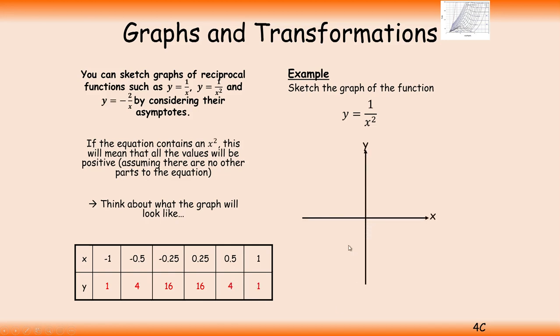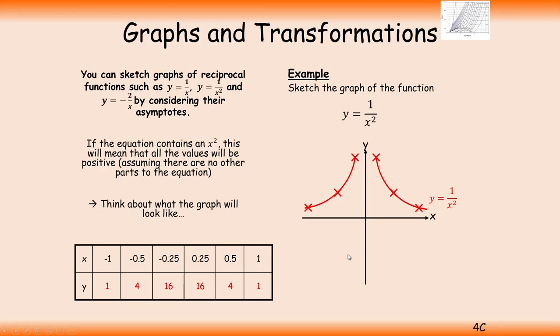So when we sketch this curve, none of the y values are negative, always positive. So it's going to look like this, and coming down on the other side. So asymptotically, it tends towards the y-axis, which is x equals 0, and here it tends towards the x-axis, which is y equals 0.